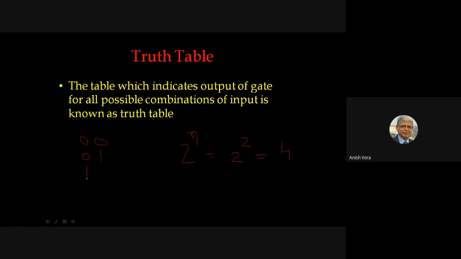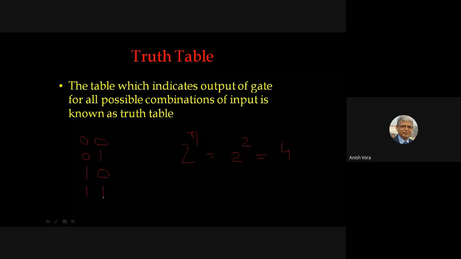The next condition is 1 0: the input that was high earlier is now low, and the remaining input is at the high level. And the last condition is 1 1, so both the inputs are at high level.